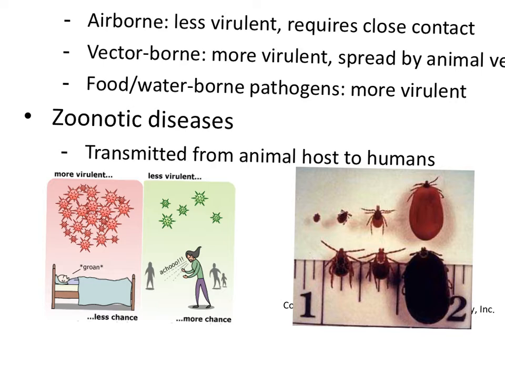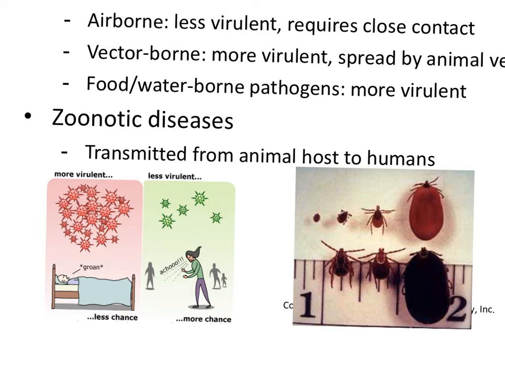Hantavirus is carried by rodents. Ebola virus looks like it might be carried by fruit bats, and then infects other primates. There's all kinds of diseases: Lyme disease infects rodents and deer and can be transmitted to humans.